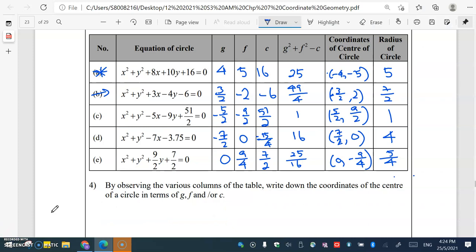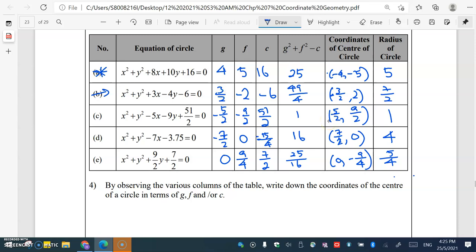Now focusing on the notes. If you observe the table you have above, by just observing the various columns of the table, what can you say about the center of the circle in terms of how it is related to G, F, or C? Now, if you look at the values that we have, this is -4, this is -5. We had a 4, but +4. We had a 5, a +5. Now, if we look at -1.5, the center, and 2, the center for the second circle, we notice that we actually have a +1.5, and over here we had a -2.